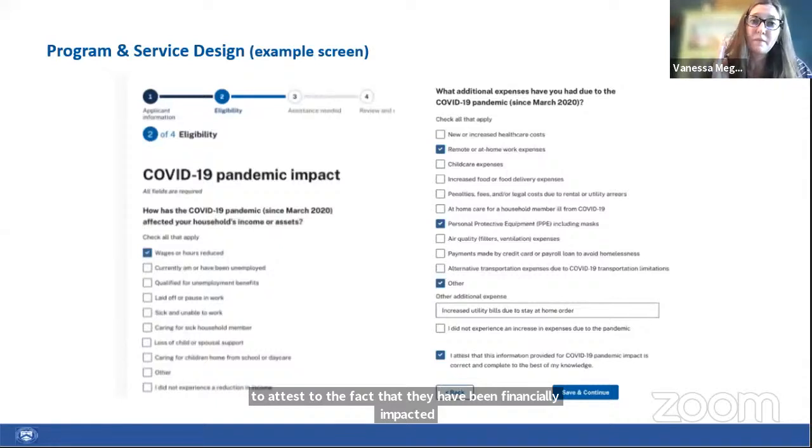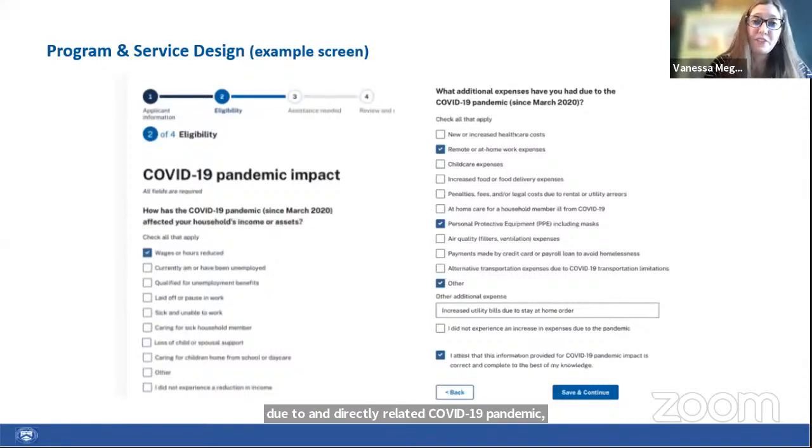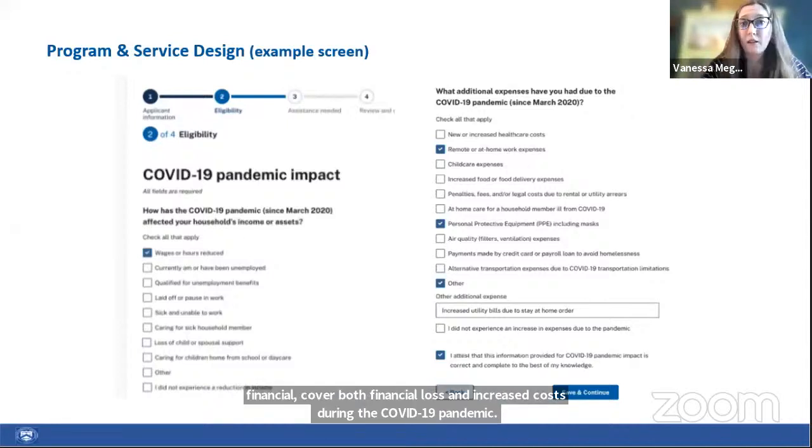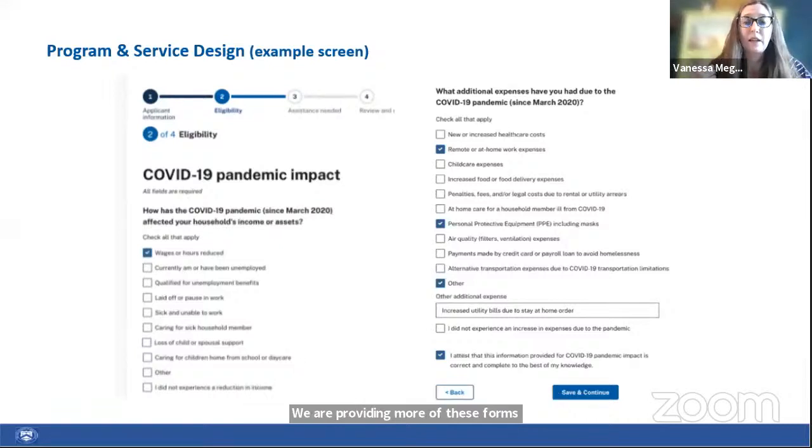Note that it can cover both financial loss and increased costs during the COVID-19 pandemic. And we are providing more of these forms as we go along to feature housing instability, income eligibility, et cetera.